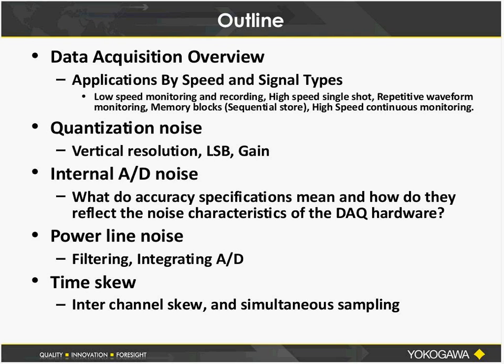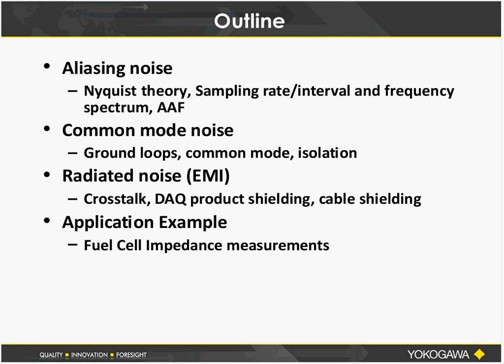And before I get into those 7 noise sources at the beginning, I'm going to provide a broad overview of data acquisition. As I said, it is a very deep topic, and I want to make sure that we categorize data acquisition in a way such that I can refer back to certain methods and certain types of architectures through the course of the presentation.